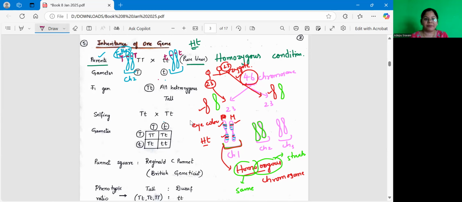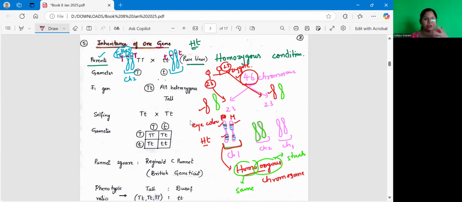Let me come again. In inheritance of one gene, I'm taking one character. In this example, I have taken the character that is height of the pea plant. Clear? So for parents, I'm taking capital T cross with small t, small t. So I'm trying to explain what exactly this capital T is, where it is present, all those things. Clear? So capital T are nothing but alleles.